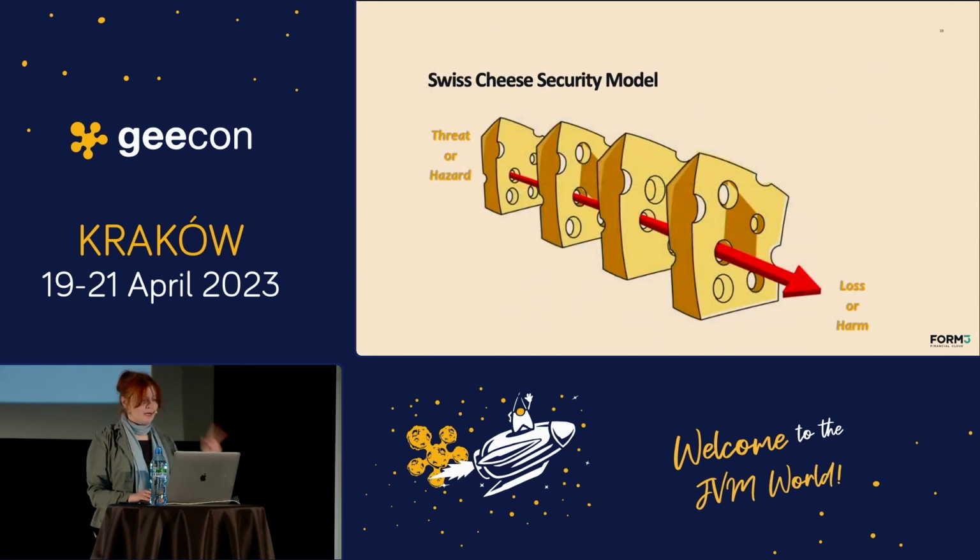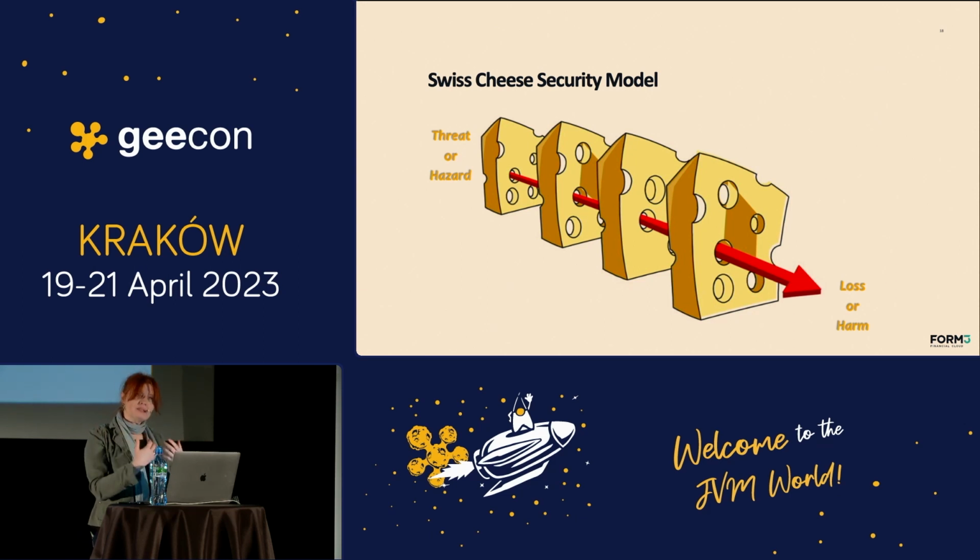Some final remarks only. It's important to remember the Swiss cheese security model. It illustrates how important layered security is. Like stacking slices of Swiss cheese, each layer addresses different security issues, and that way we cover the holes or weaknesses in other layers.